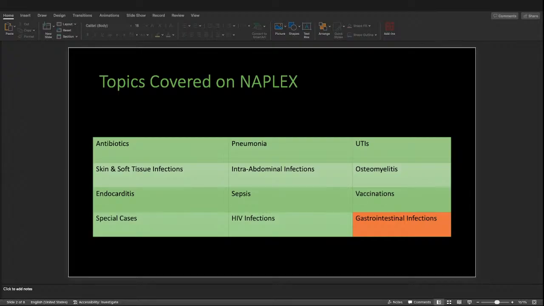In this presentation, I'm just going to talk about the upper gastrointestinal infections portion, which is a commonly studied type of infection, especially for the exam, and especially when you're in practice and you see patients looking for a medication to treat that type of infection.